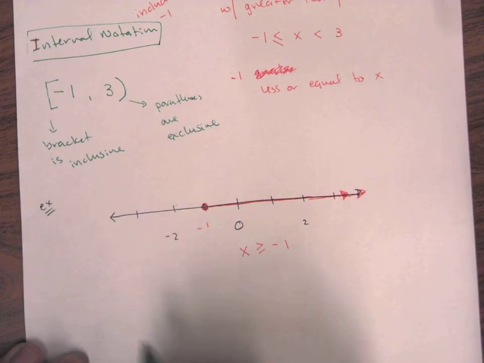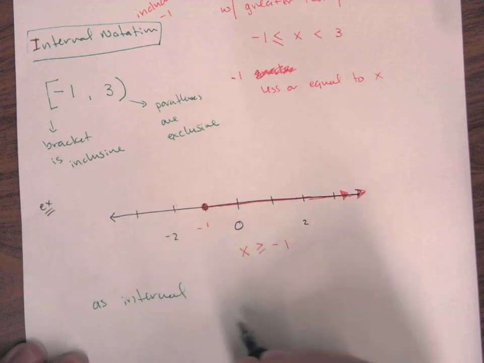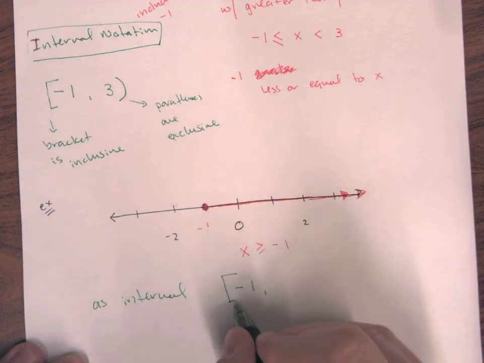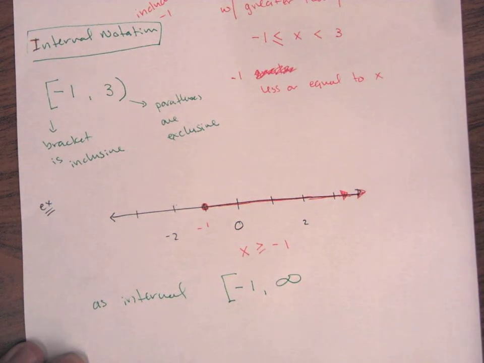So then if we wrote that as an interval, what we're going to have is starting at -1 with a bracket, and then we're going up to infinity. So we literally just use the infinity symbol, which looks like an 8 that's turned sideways. So this is from -1 all the way up to positive infinity.